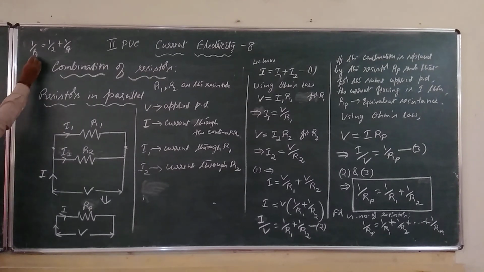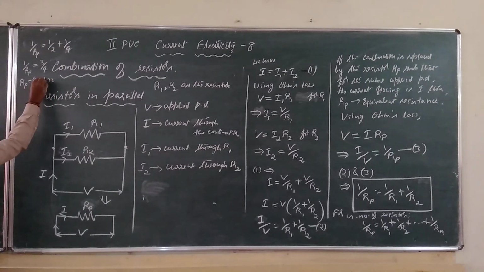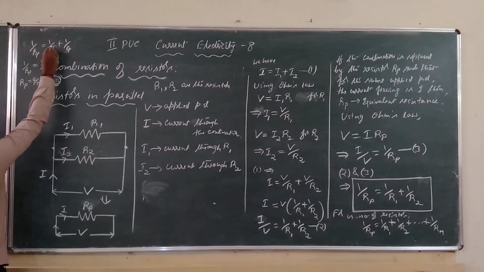So 1 by Rp is equal to, therefore this is 3 by 4, right? What is Rp? So Rp is 4 by 3, it is 1.33 ohm, which is lesser than the least among the individual resistances.